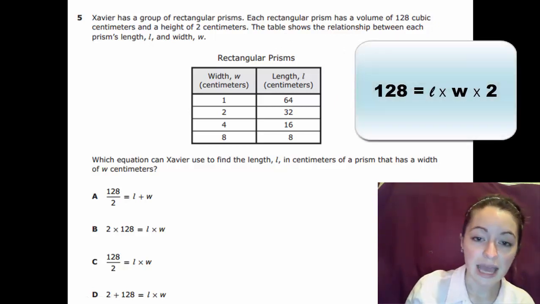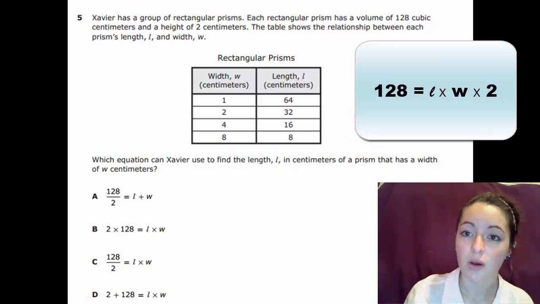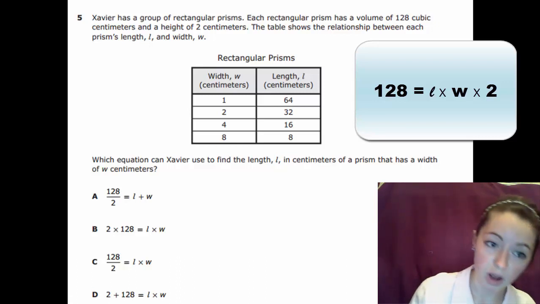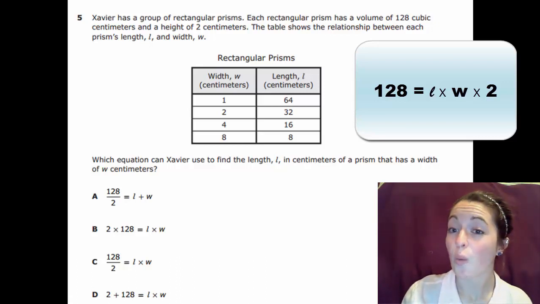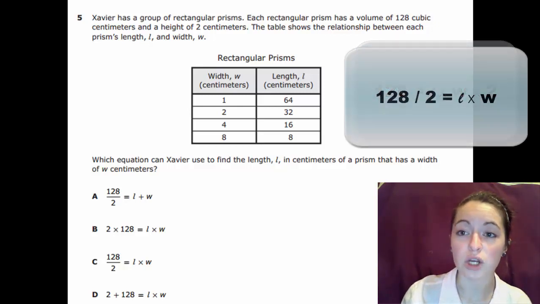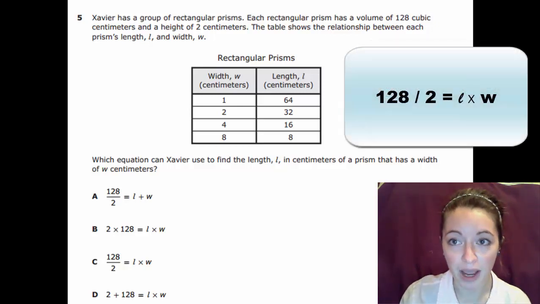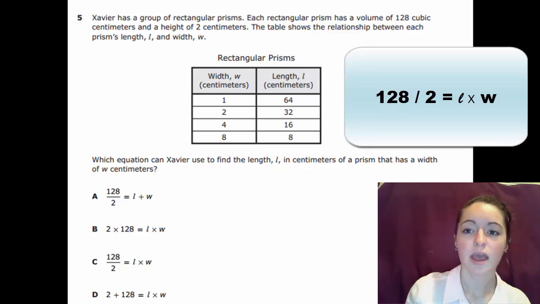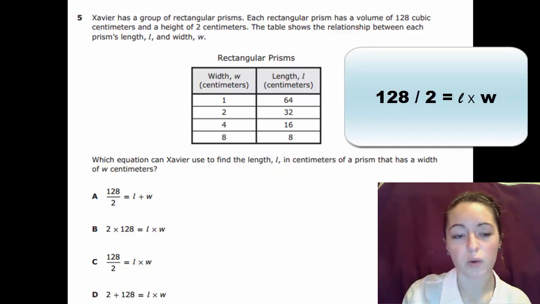So now we need to get length and width by themselves. Well, how do we do that? Well, we can divide this side by 2 if we also divide this side by 2. Once we do that, we have 128 divided by 2 equals length times width. Now let's see if that's an answer choice below.